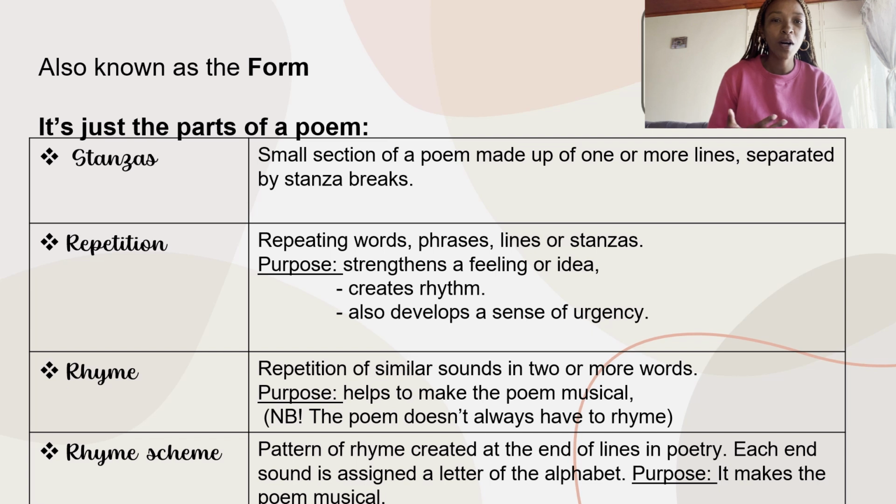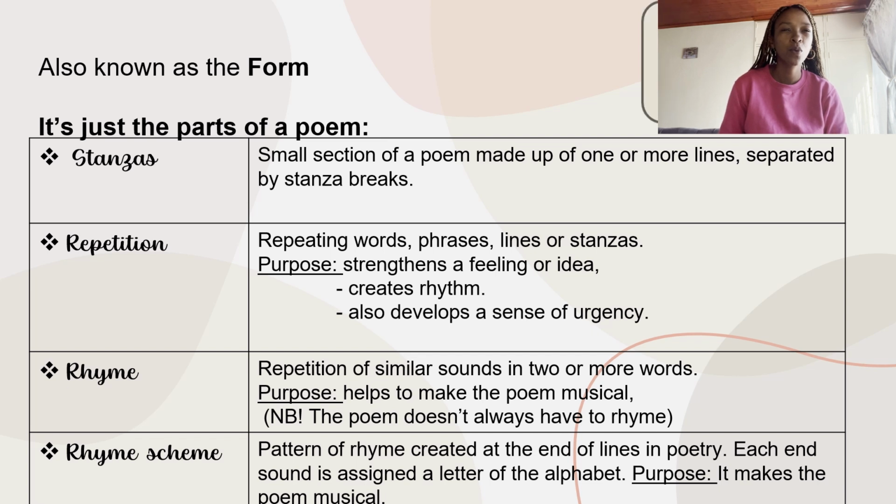Basically, it's just the parts of the poem, whether it's the stanzas, the small sections of the poem made up of one or more lines separated by stanza breaks. It's also the repetition that gives us the understanding of what kind of structure the poem is following. The purpose of repetition is to strengthen a feeling or an idea. It's also to create a rhythm of sorts, and it develops a sense of urgency in other cases.